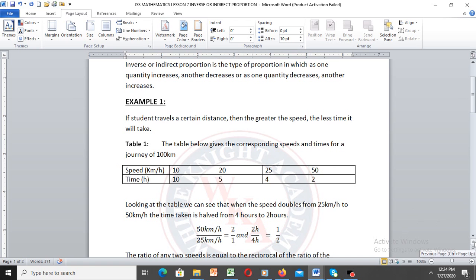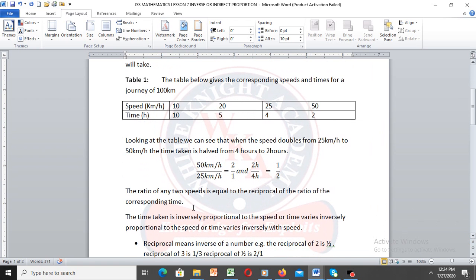So we say that in this relationship, the ratio of any two speeds, 50 and 25, is equal to the reciprocal of the ratio of the corresponding times. The reciprocal of 2 over 1 is 1 over 2.